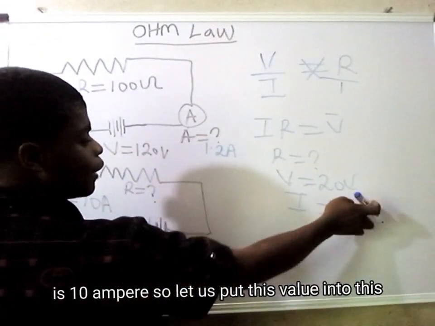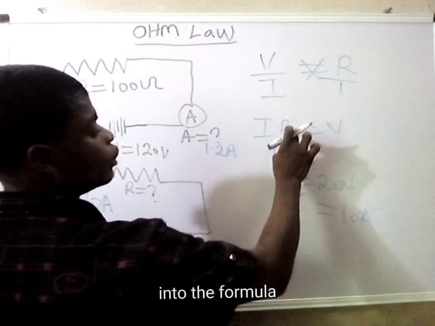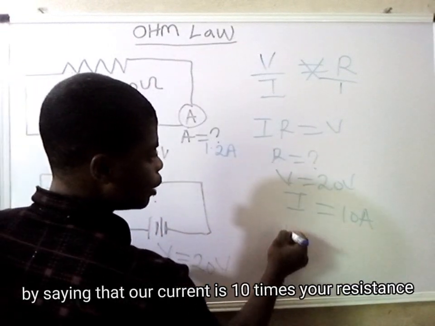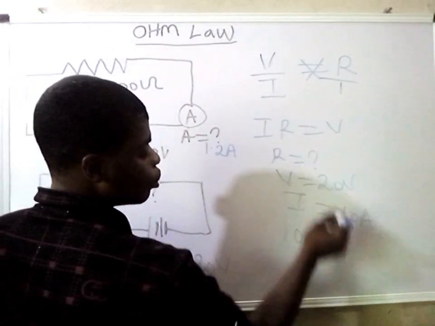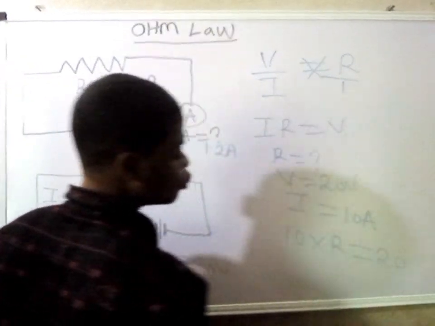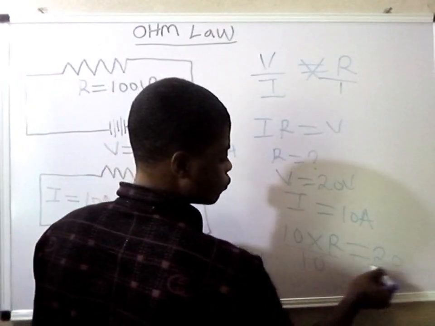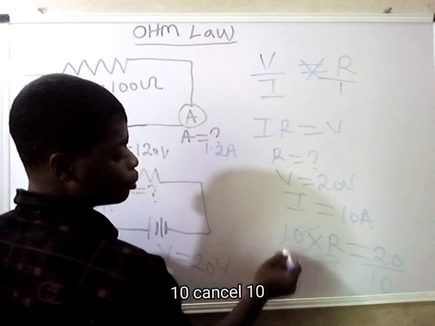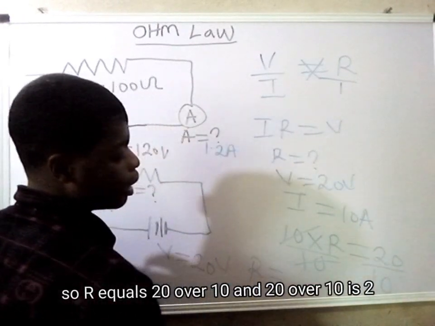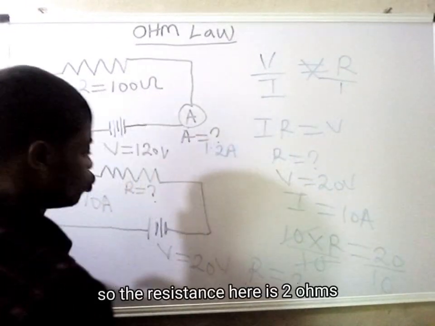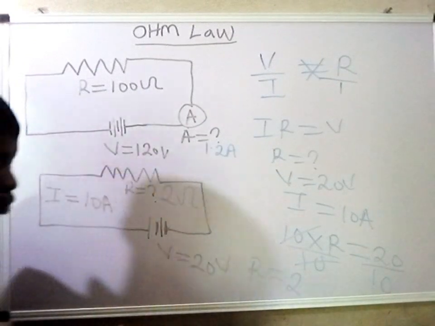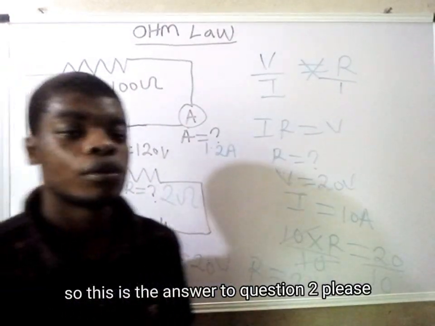So let's put this value into the formula by saying that our current 10 times your resistance unknown equals your voltage 20. So we divide both sides by 10. Take out 10. So R equals 20 over 10. And 20 over 10 is 2. So the resistance here is 2 ohms. So this is the answer to question 2.